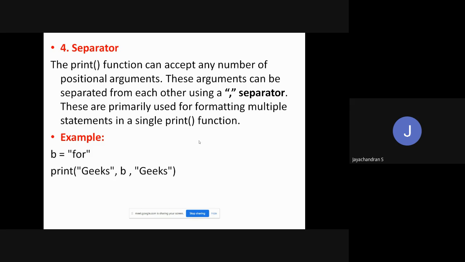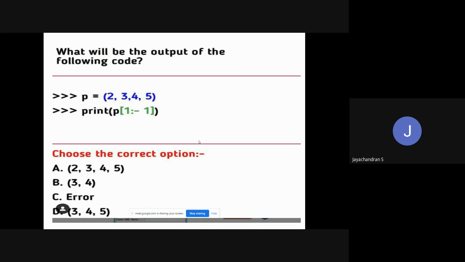Okay, so now you can tell me what is the answer for this code. P equal to 2, 3, 4, 5. Okay, so what will be the output for print p[1:-1]? What is the output? We already discussed this in the previous class also.